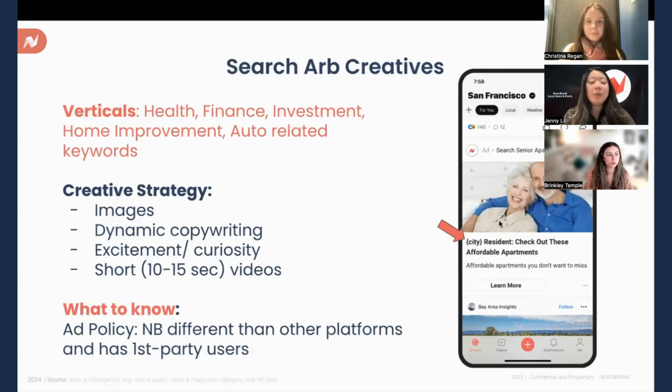So usually a very native style image of just happy seniors, and then the title can leverage our dynamic copywriting, so using the city and state macro to make the ad more relatable and look closer to the articles that they're reading that are very local to them.